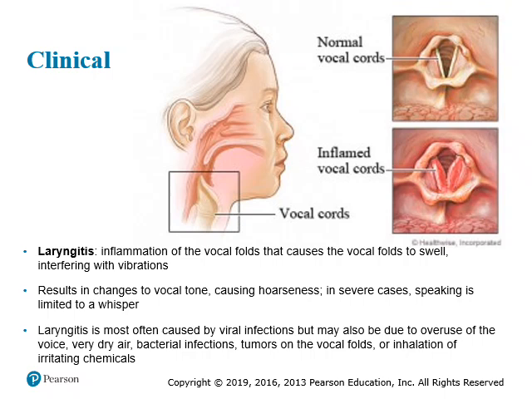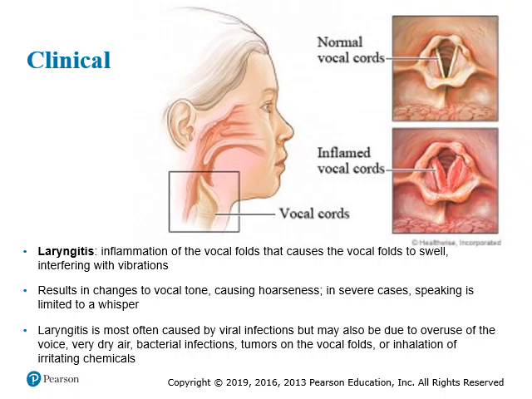So, what are some clinical manifestations or homeostatic imbalances of the larynx? Well, you can have laryngitis, which is the most common. It's inflammation of the vocal folds that causes the vocal folds to swell, interfering with vibrations, and results in changes to vocal tone.